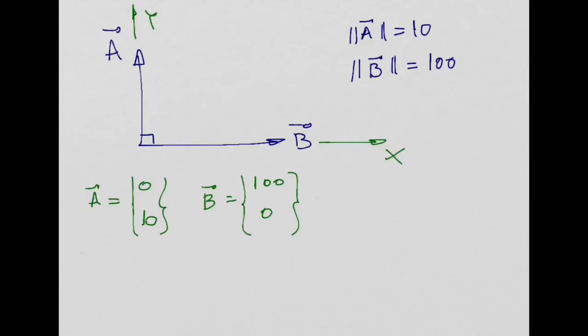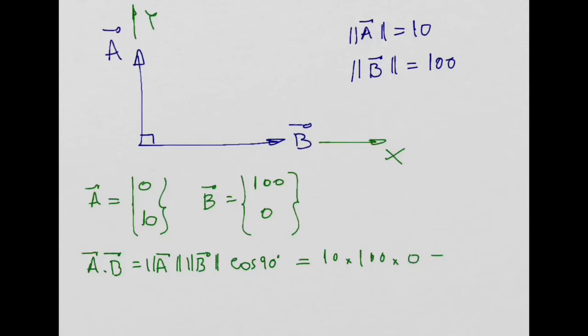So if I now do the internal product using the first method, the norm of A is 10, the norm of B is 100, the cosine of 90 degrees is 0, so the result is 0.